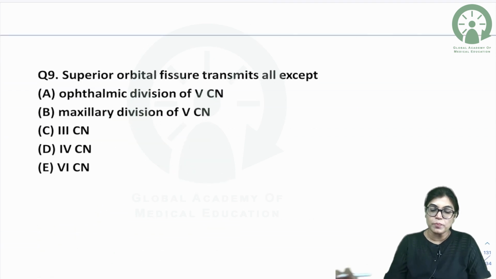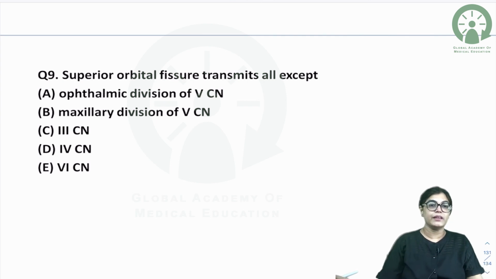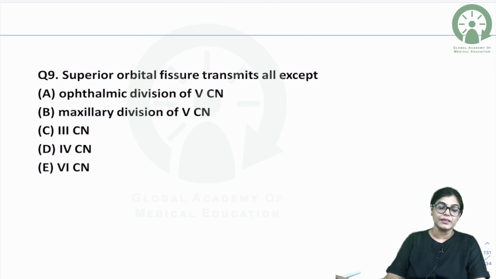Superior orbital fissure transmits all of the following except: ophthalmic division of the fifth cranial nerve, maxillary division of the fifth cranial nerve, third cranial nerve, fourth cranial nerve, or the sixth cranial nerve?